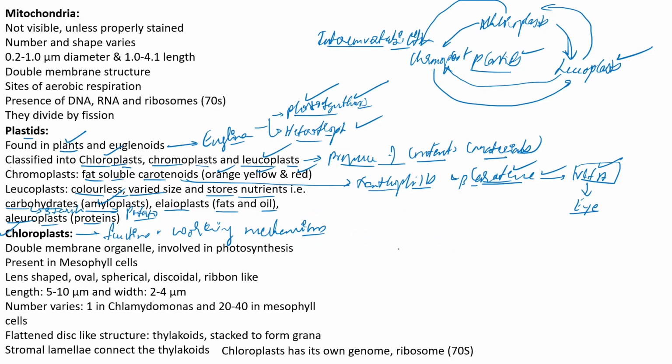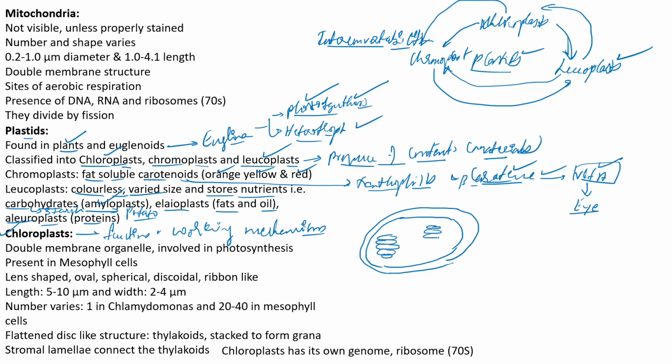Now, if we have to draw a diagram for chloroplast, we will just draw a simple elliptical shape. It is again a double membrane structure, so obviously you have to draw two membranes. And here you find flattened disc-like structures overlapped on each other in the form of a stack of coins.